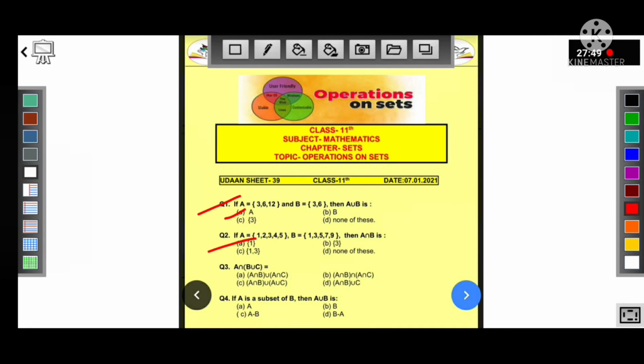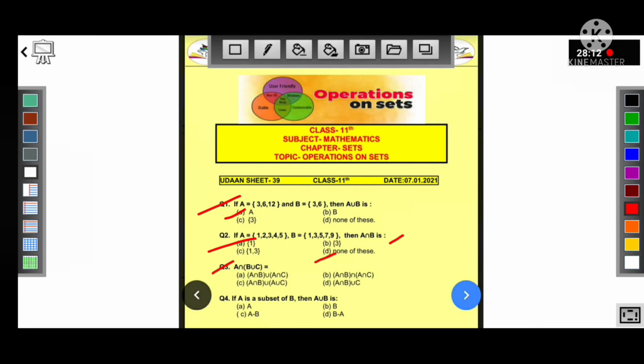Next question number 2. If A is equal to {1, 2, 3, 4, 5} and B is equal to {1, 3, 5, 7, 9}, then A intersection B is, that is the common elements of A and B. So the common elements of A and B are 1, 3 and 5. So the answer is none of these.